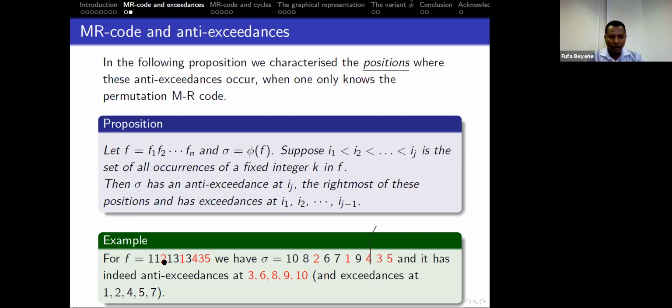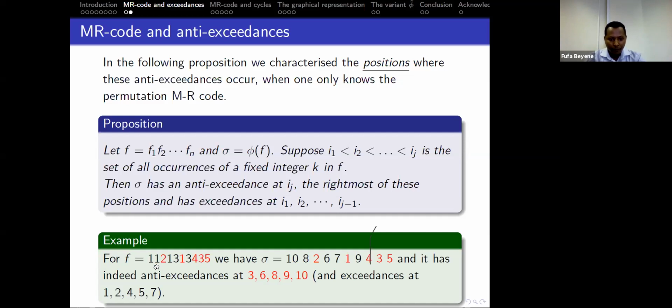So the red ones here in f are just the rightmost values. So 5 is the rightmost value, 3 is another rightmost, 4 is another rightmost. So 1 and 2 here are the rightmost values.